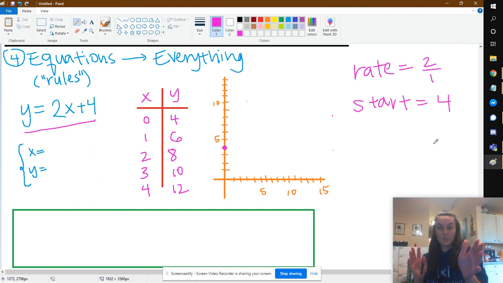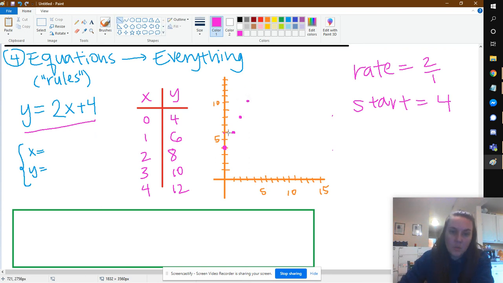The reason we do this is because we've trained ourselves to think that the fraction is the amount you change in y, delta means change, and this is the amount you change in x. And when it's just the number 2, we don't really know how much you change in x. We're going to put it 2 over 1, which means we go up 2 and over 1, up 2 and over 1, up 2 and over 1. And then once we've plotted a few points, we can draw our line.